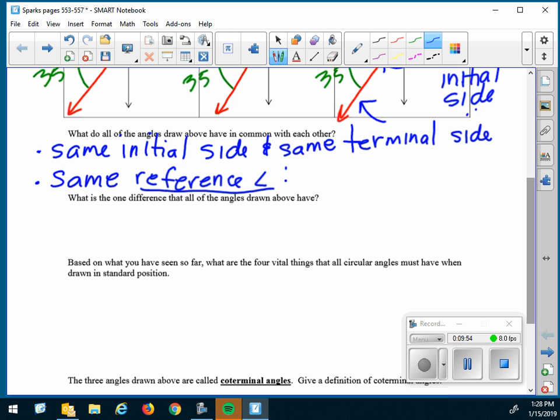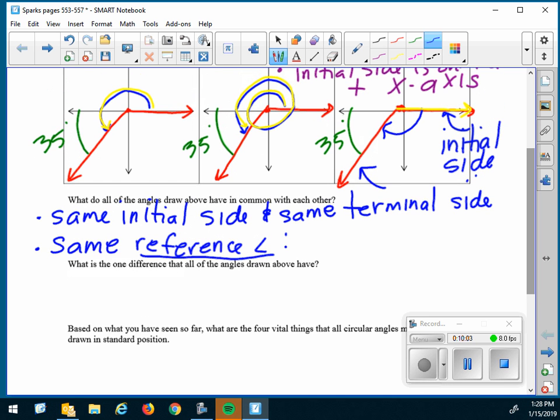Here I'm going to give you the definition of a reference angle. Take a look at that 35-degree angle. A reference angle is always acute, and it is always between the terminal side of the angle and the x-axis that's closer to it.